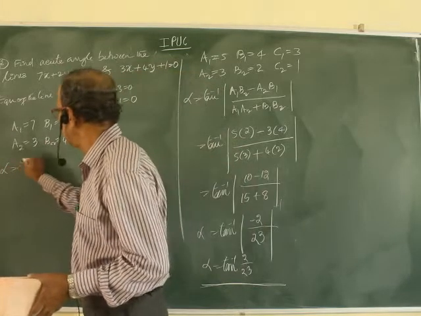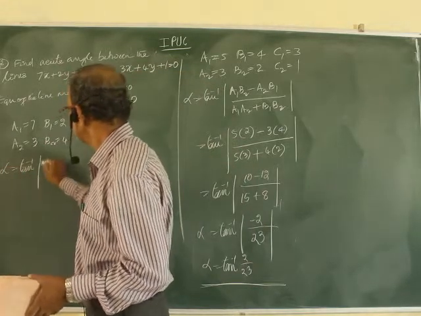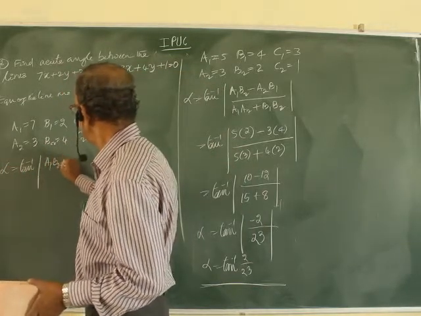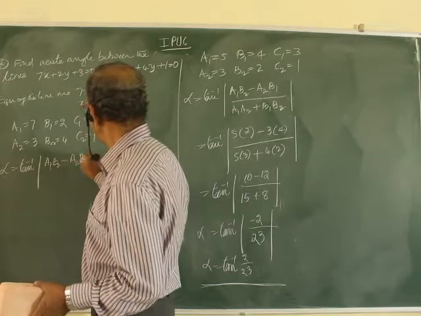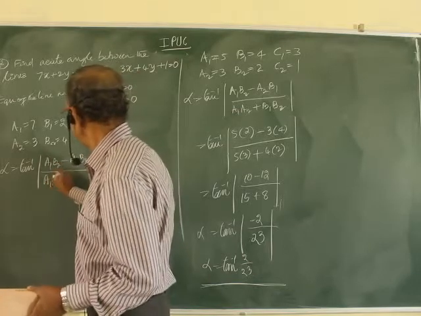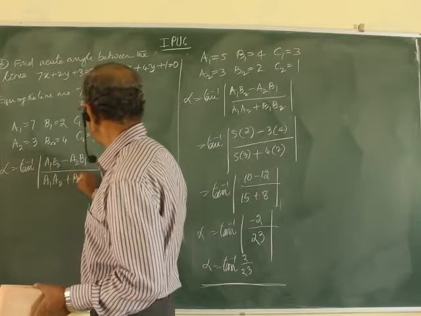Angle alpha between the lines is tan inverse of a1 b2 minus a2 b1 by a1 a2 plus b1 b2.